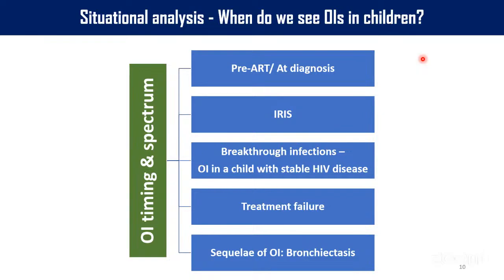Similarly, this child had previous recurrent infections leading to a sequel like bronchiectasis. In that context, what opportunistic infections are you seeing? That spectrum will differ. So you have to do a situational analysis in each and every case, and then arrive at a diagnosis.